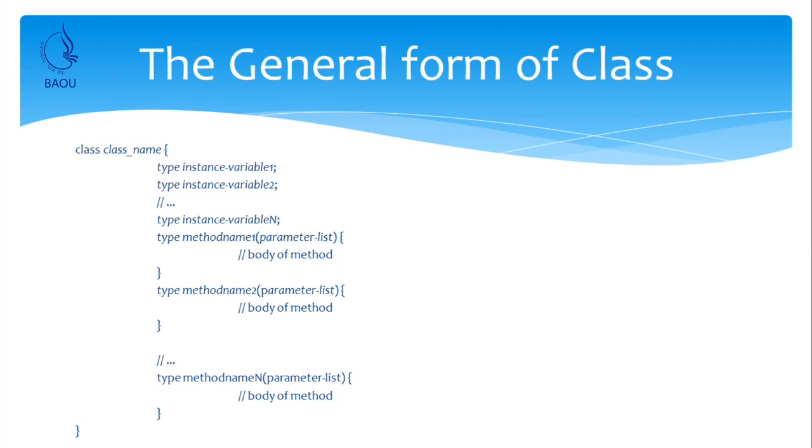Now, each instance variable has a type and a name. The type indicates the type of the instance variable, so we can have one instance variable of one type and another of another type. You can define any number of instance variables inside a class, and then we define the methods of the class.